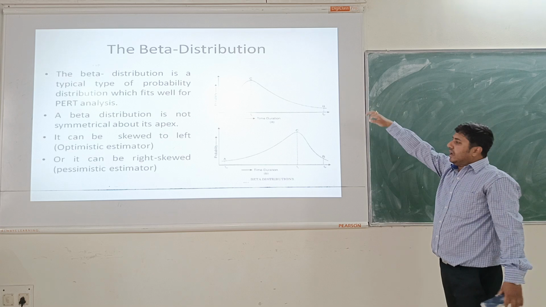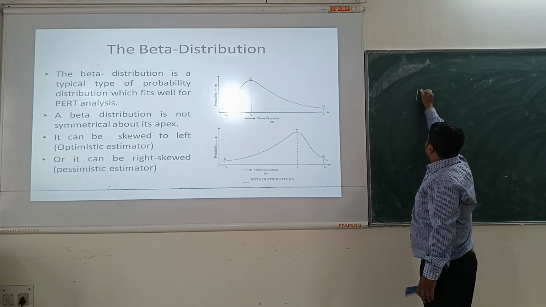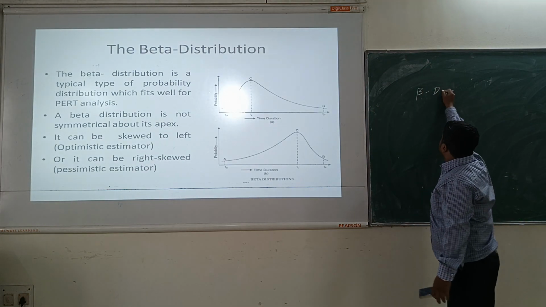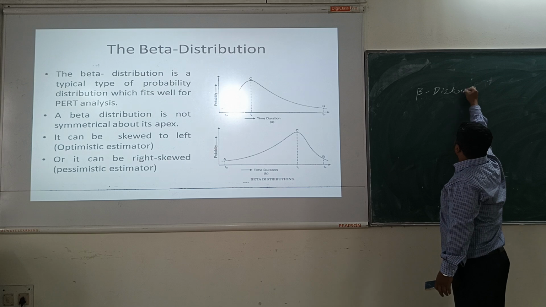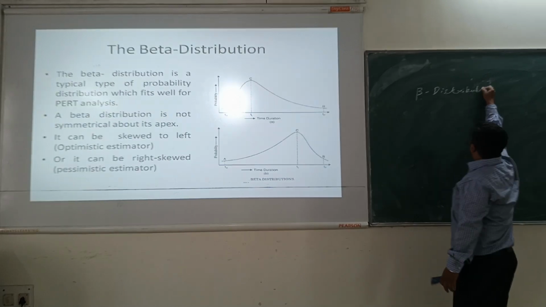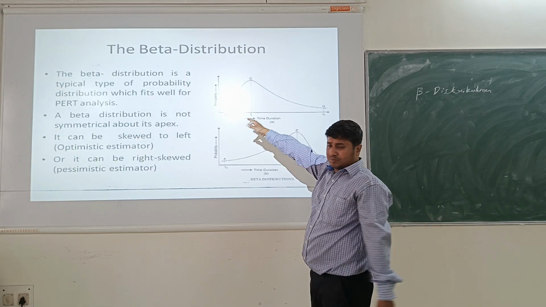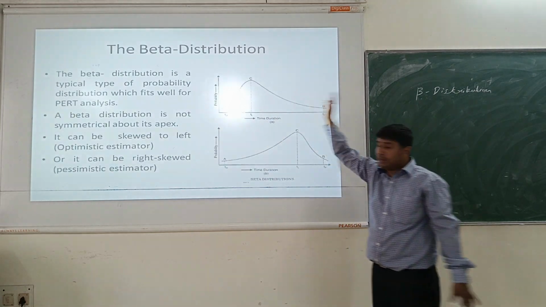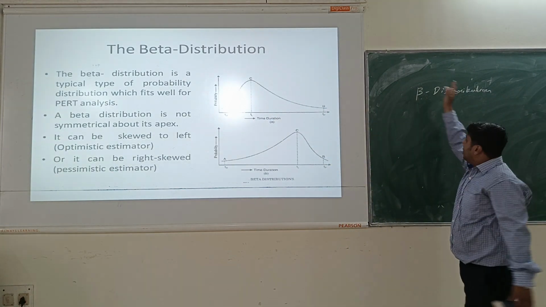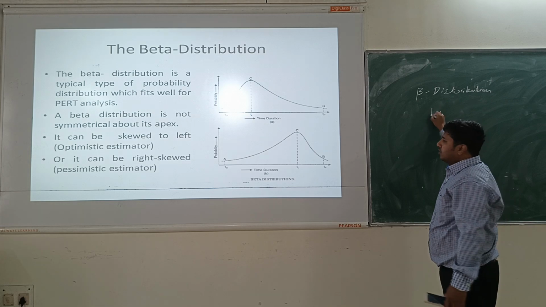So you can also write beta distribution. It is not symmetric to the axis, and it best suits the PERT analysis that we perform. Okay.